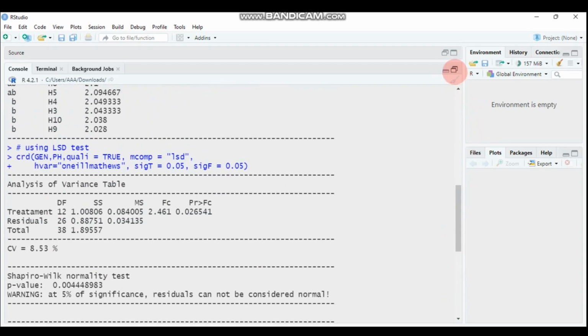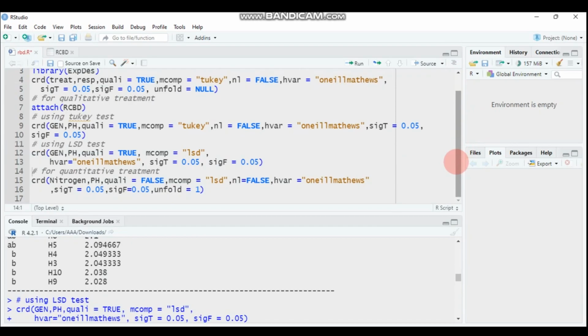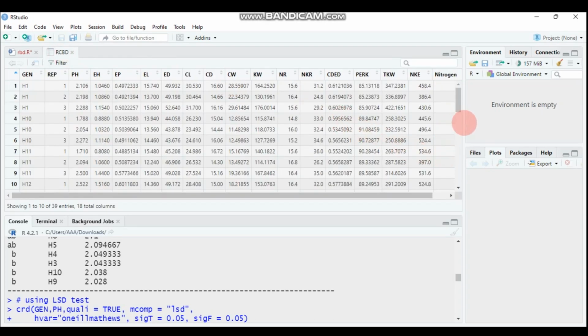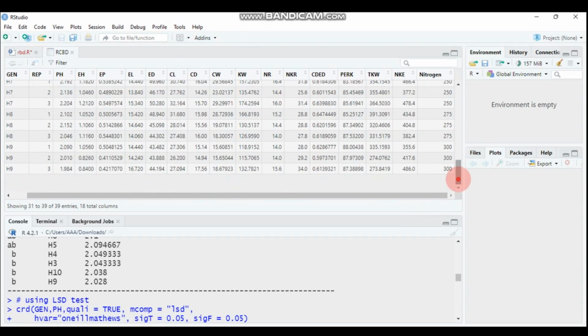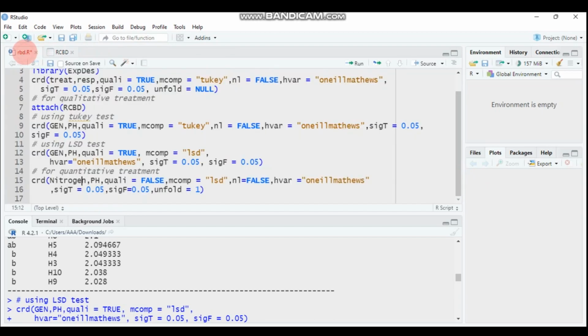And lastly, if our treatment is quantitative, here nitrogen is in the form of a number, as you can see here, and nitrogen here is 0, 25, 50, 75, 100, 125, 150, and so on, up to 300 kilograms per hectare.